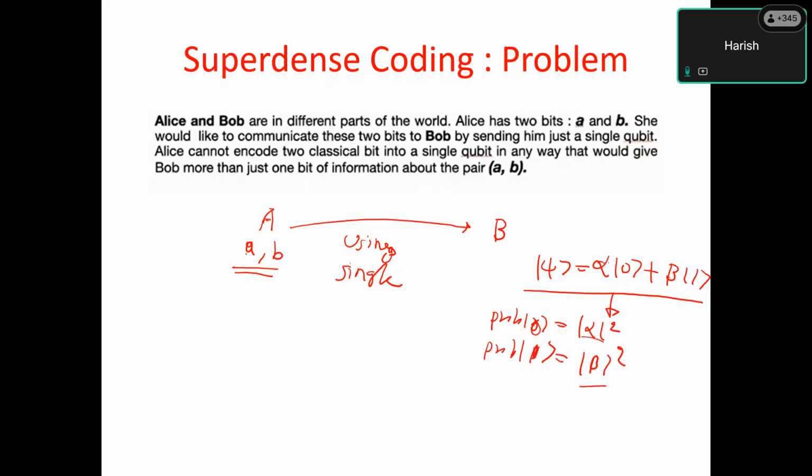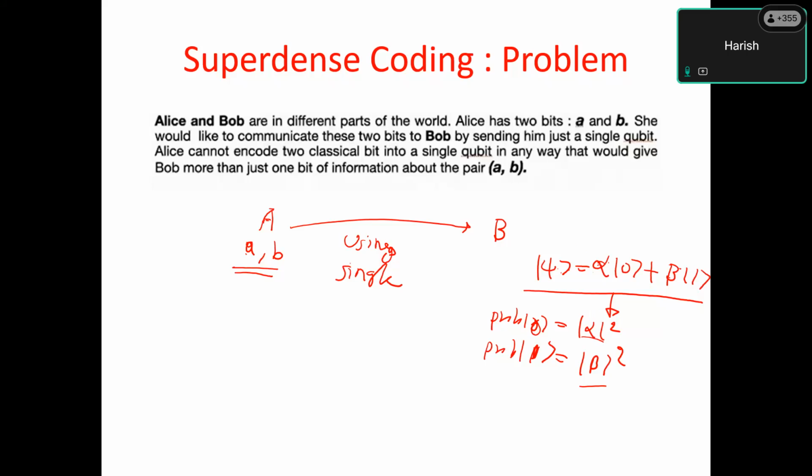If we encode alpha and beta in this state psi, at the receiver side on measurement, the receiver will get information about only one bit. So with this kind of psi state, we are not able to send both the A and B bits. A single qubit state can deliver only one bit of information, although it has both alpha and beta, it will collapse to one of them.